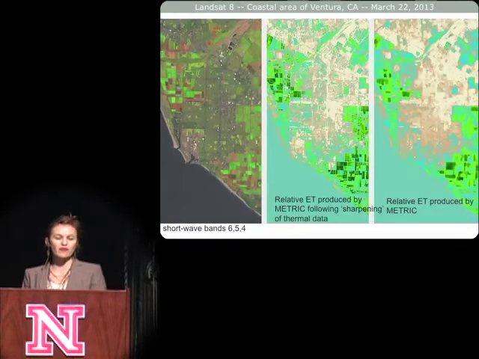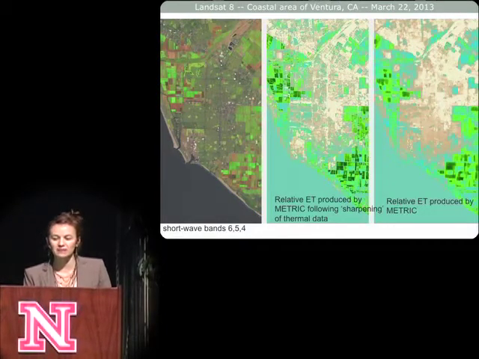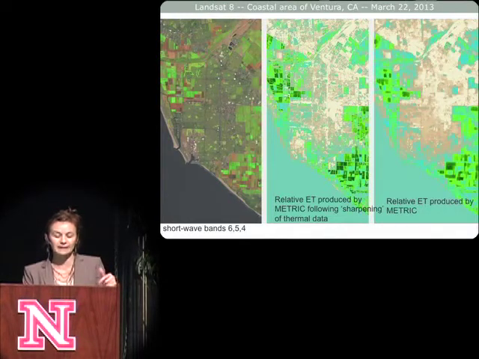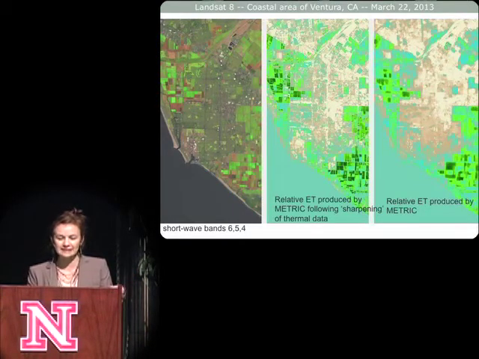This is the first ever ET map that's been published and created by the Landsat science team. That was us, the University of Idaho and Nevada DRI. On March 22nd, the first Landsat 8 image was available, and we processed the ET.